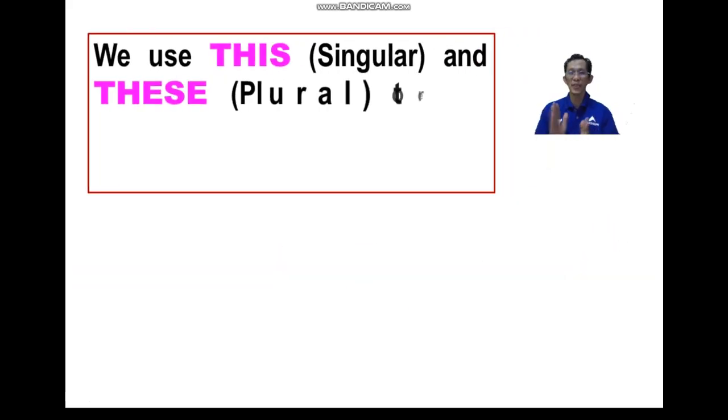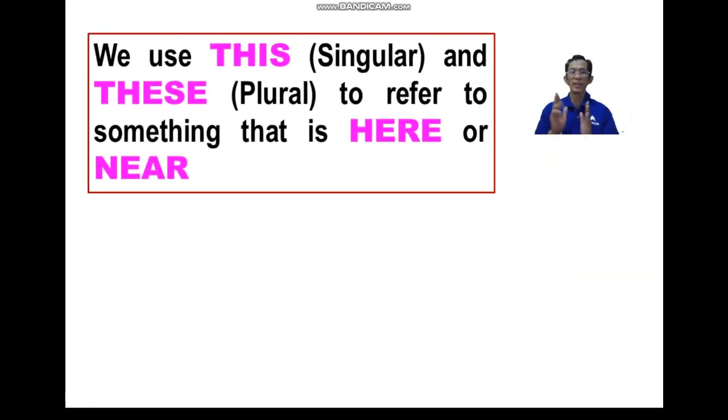We use this singular and these plural to refer to something that is here or near. I repeat, we use this singular and these plural to refer to something that is here or near.